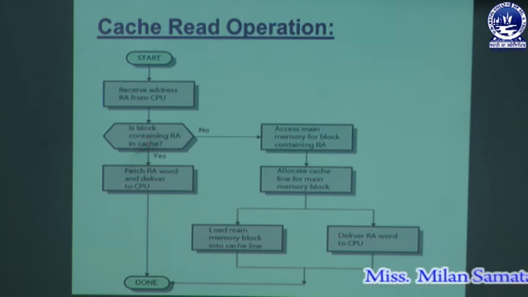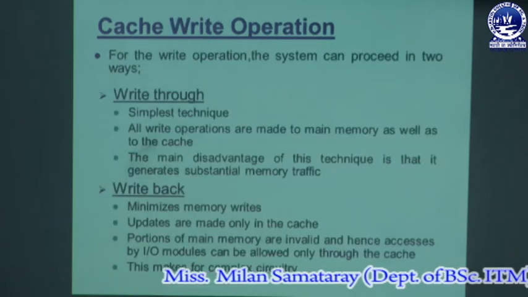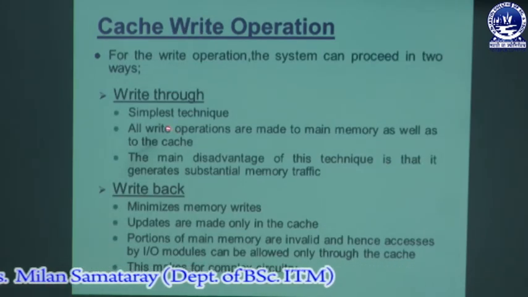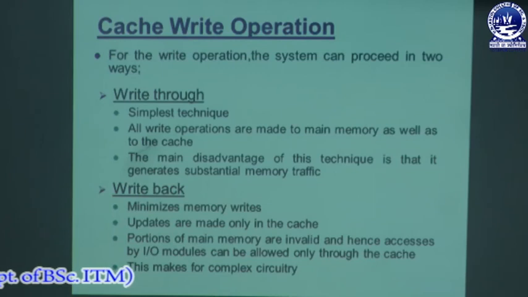Next one is our write operation. For doing the write operation, the CPU uses two techniques. One is the write through protocol, another one is the write back protocol. Protocols means a set of rules by using which the cache memory performs the write operation. The first one is the write through protocol.